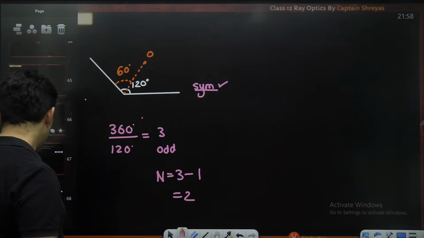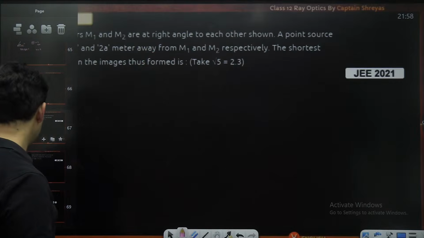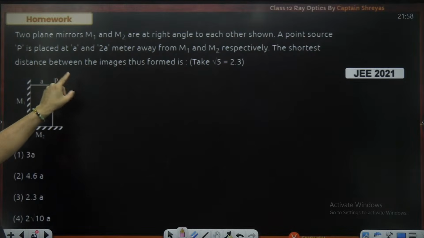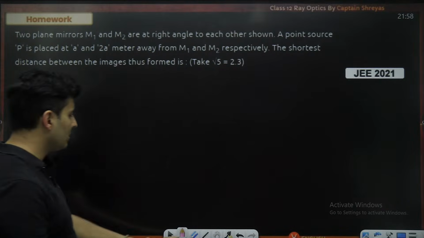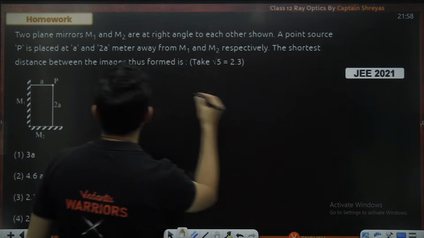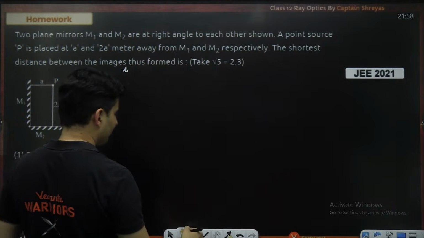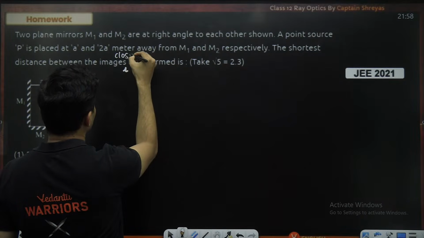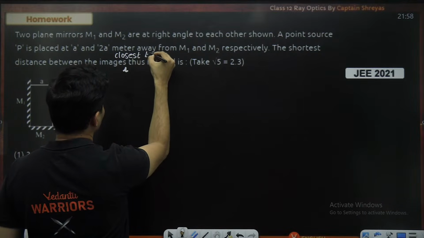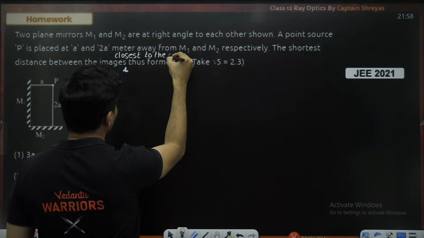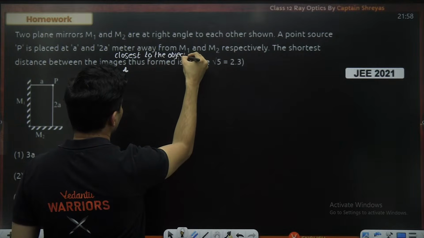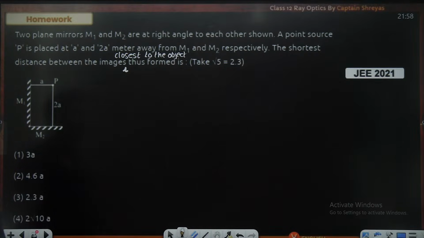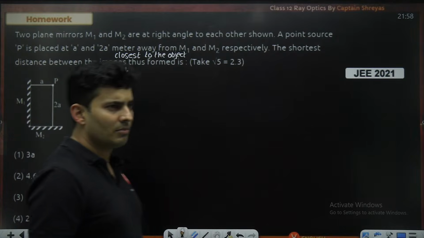Okay, so this is how you do this. Now there is a homework question which I have kept, but there is a small thing. The distance between the images closest to the object thus formed is. Okay, so this is a previous year question.